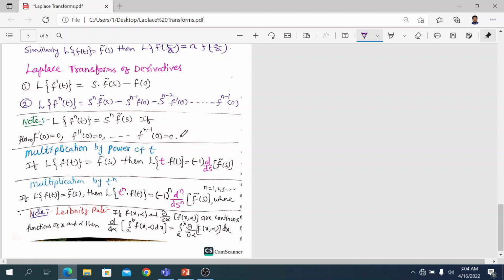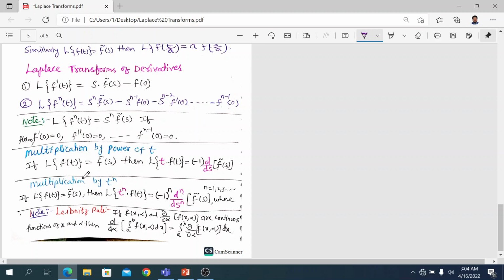Okay. Now next formula, multiplication by power of t. So if Laplace of f of t is equal to f bar of s, then Laplace of t into f of t is equal to minus of d by ds f bar of s. Okay, this is multiplication by power of t.